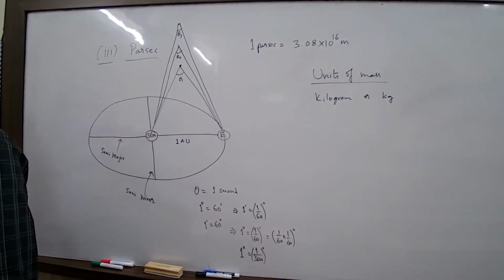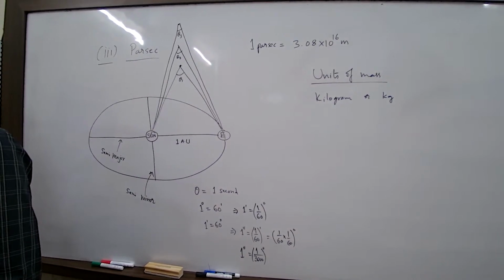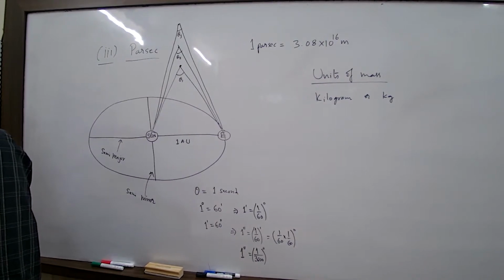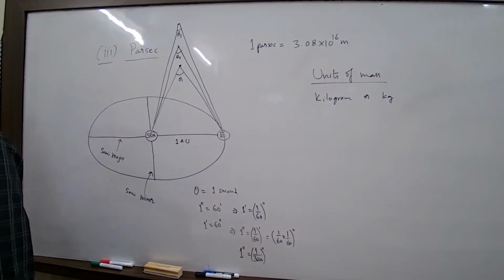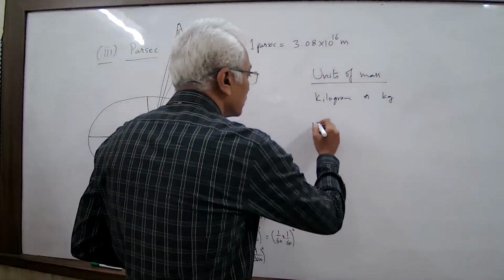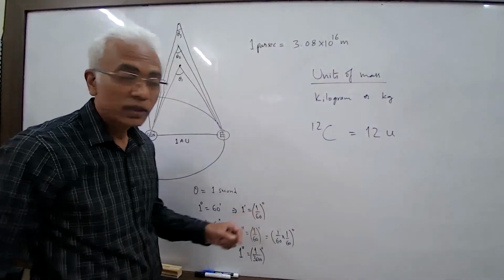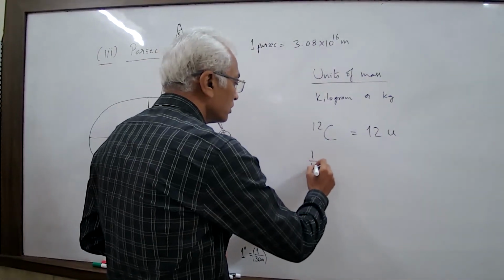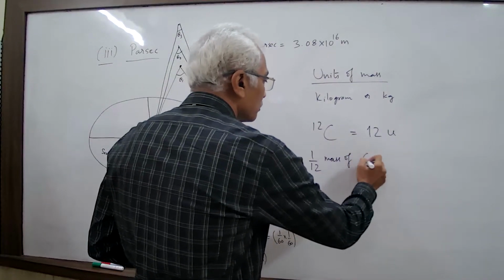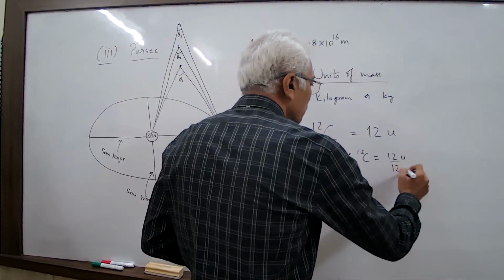And how is it defined? It is defined as 1/12 of the mass of a C12, carbon 12 atom. Whatever is the mass of a carbon 12 atom, divide that by 12. Because the mass of a carbon 12 atom is taken as 12 u. So 1/12 of the mass of C12 is equal to 12 u upon 12, which is 1 u.